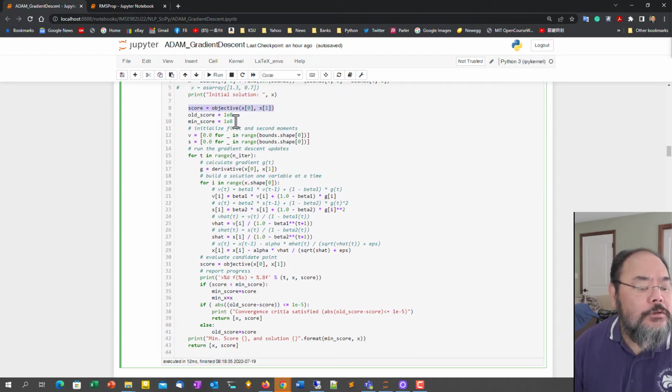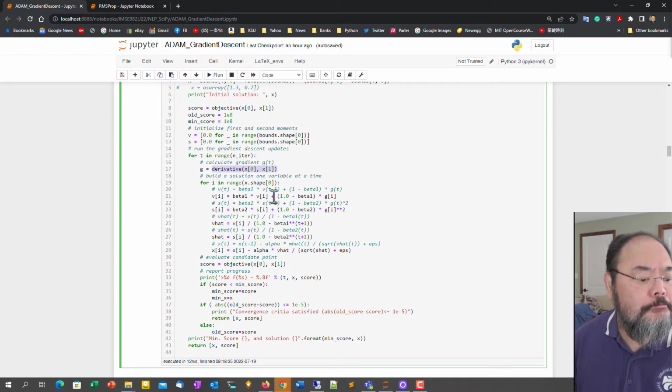Here I have two different scores, the old score compared to the new score, and the minimum score so far, used as an indicator. V is initialized and set to 0, and S, the second order momentum, is set to 0 as well. We initialize the first and second order momentum. Then we go into my main for loop and calculate the derivative for the momentum.